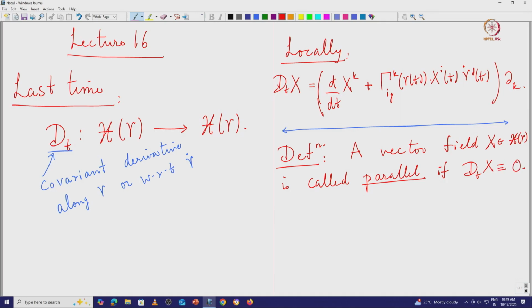Okay. So today in this lecture I want to address the problem of whether one can actually construct these parallel vector fields or not, right.